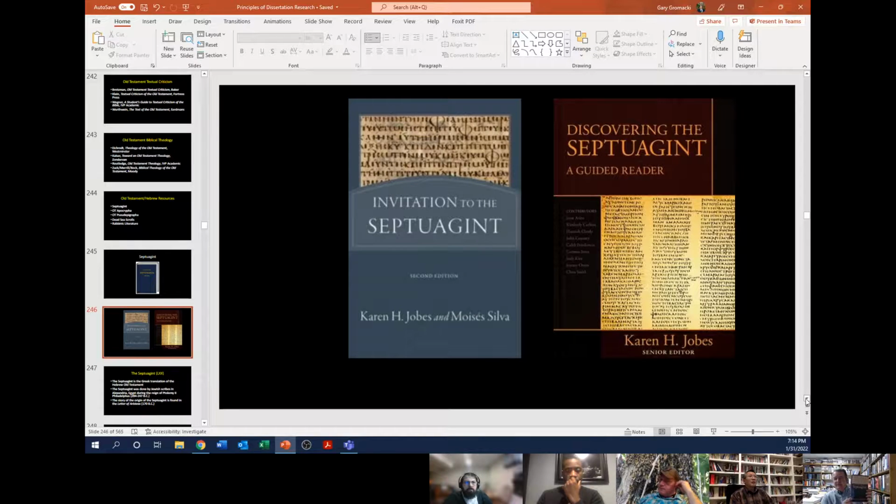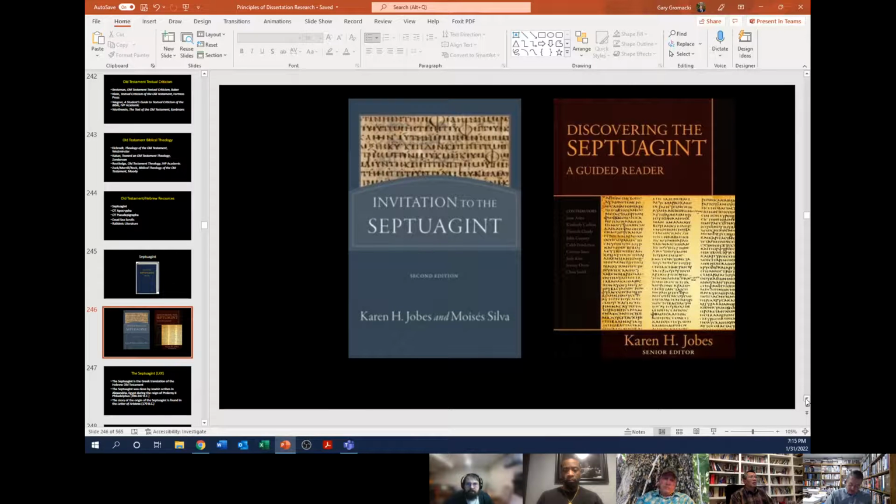It's called Invitation to the Septuagint by Karen Jobes and Moises Silva. And so looking at the chapters in this book, we have the history of the Septuagint, the origin, transmission, the Septuagint in biblical studies, using the Septuagint for textual criticism of the Hebrew Bible, Septuagint and the New Testament.